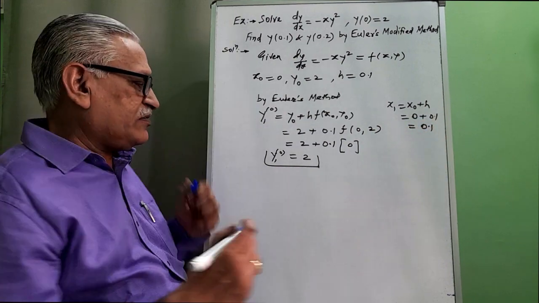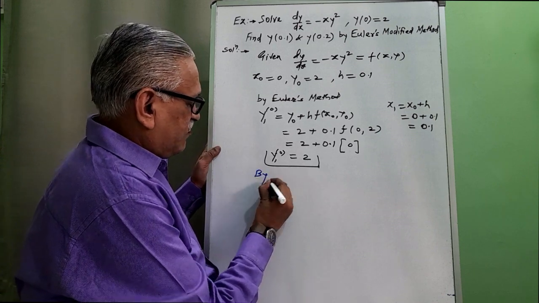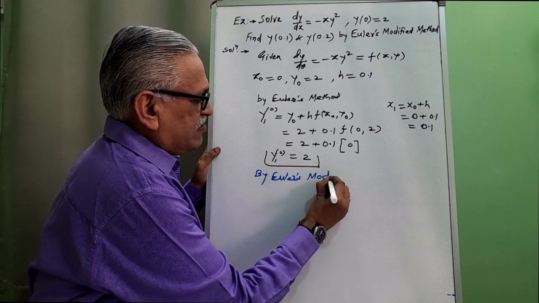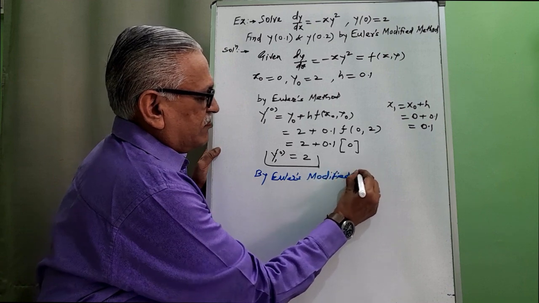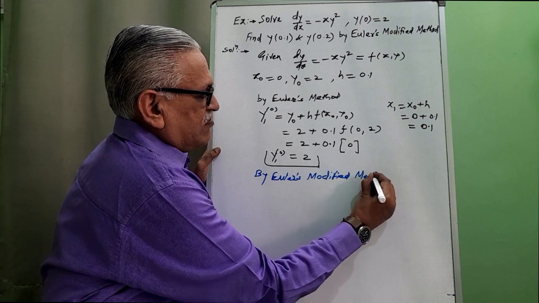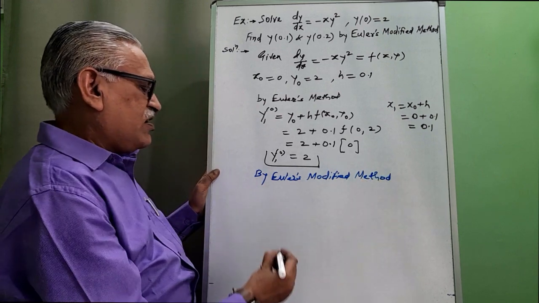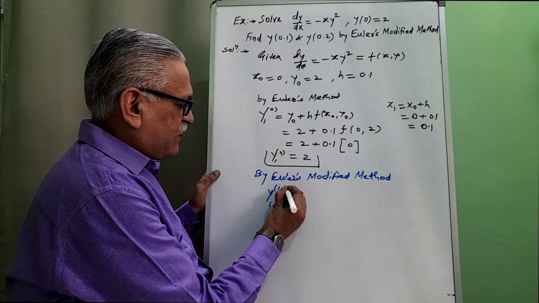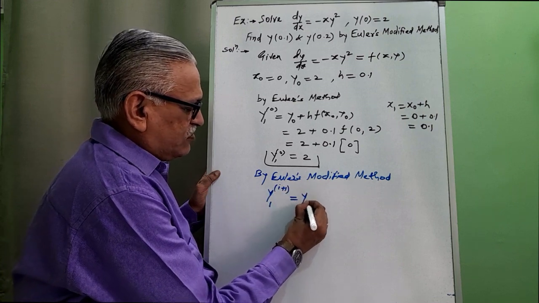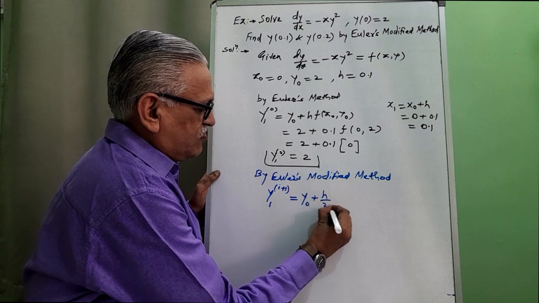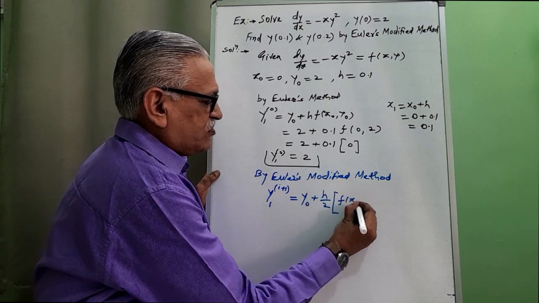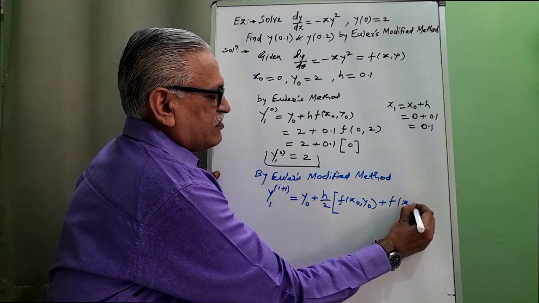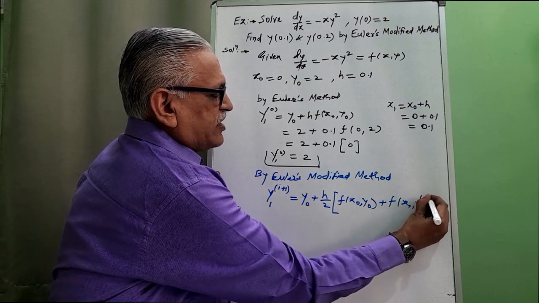When applying Euler's modified method, the formula is y1 superscript (i plus 1), the (i plus 1)th approximation, is equal to y0 plus h by 2 multiplied by f of x0 y0 plus f of x1 y1 superscript i, its ith approximation.